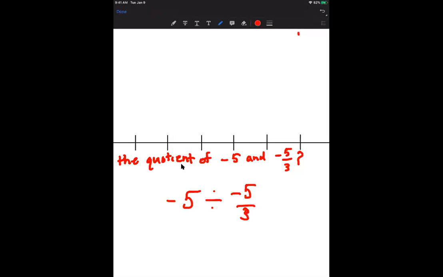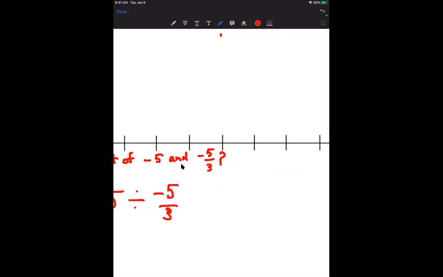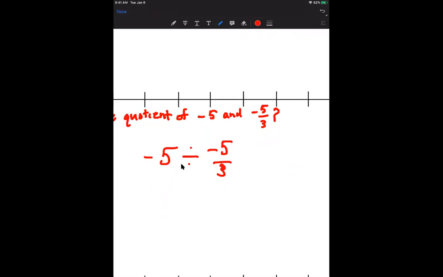Now, an operation, if you remember from algebra, is when you're dividing a fraction, you can multiply it by its reciprocal, which is a goofy word. So what we'll do is, that's the same thing as saying negative 5 times, and now does anybody know what the reciprocal of negative 5/3 is?